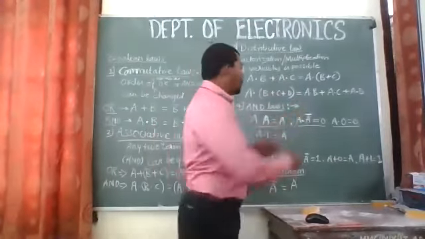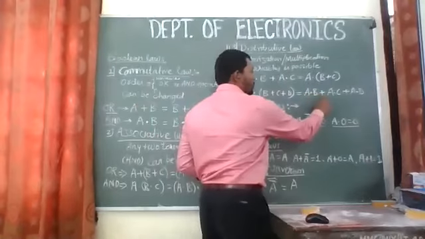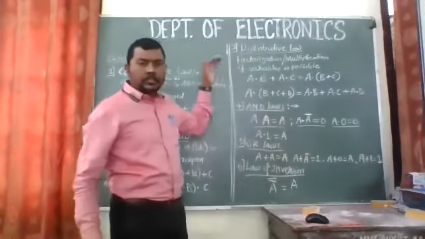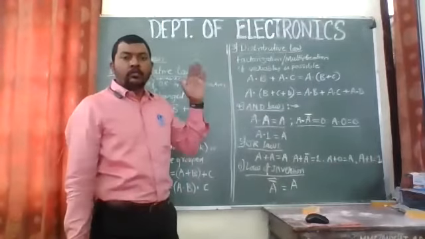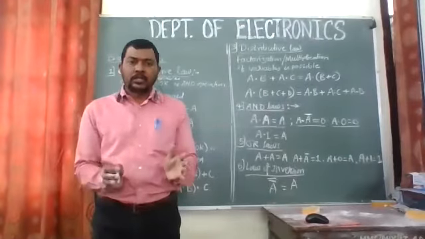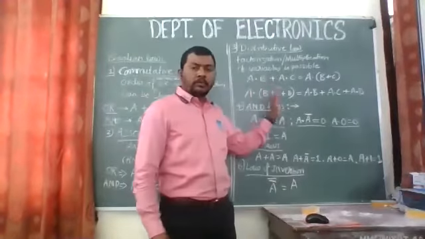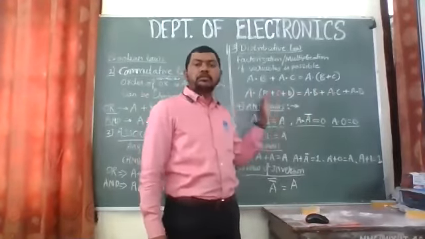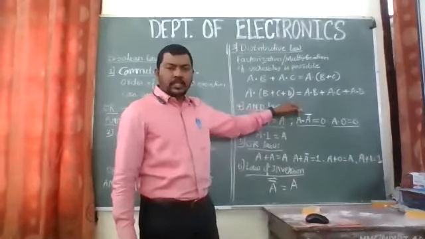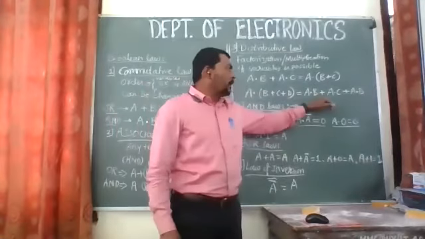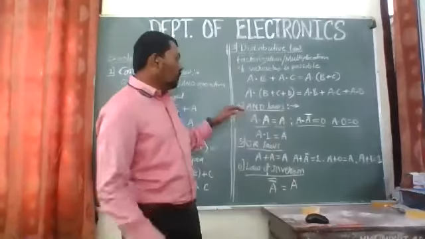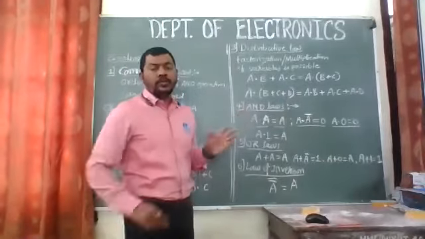So we have A dot B plus A dot C plus A dot D. This is how the distributive law can be implemented for multiplication. The variable has to be multiplied with each and every variable in the brackets. So A dot B plus C plus D can be written as A dot B plus A dot C plus A dot D, right?